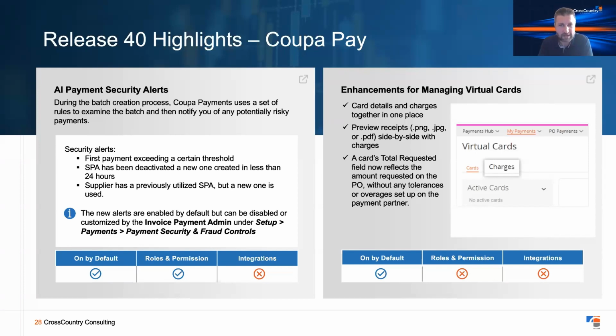We're showing the charges tab, but even when you're in the card, you'll see kind of a mini table within that card record that shows you all the information: merchant, if there's a receipt, tax information, tax details, and the date of that charge. So great that they're bringing that all into one place, and you're able to quickly see if you're missing that tax detail or missing that receipt information on that charge.